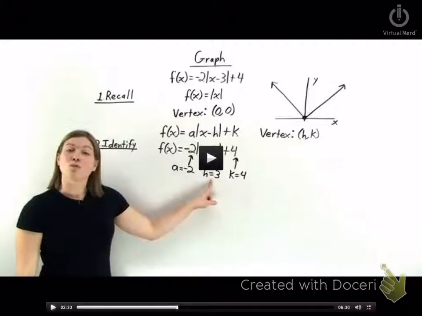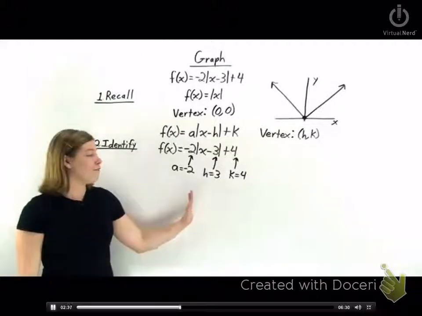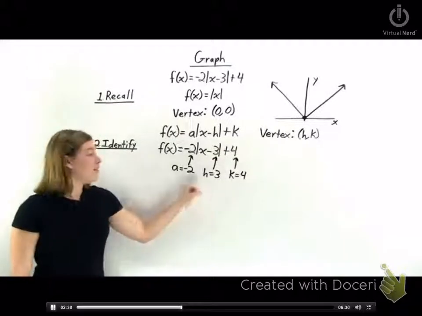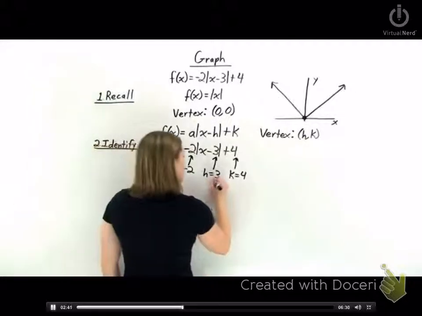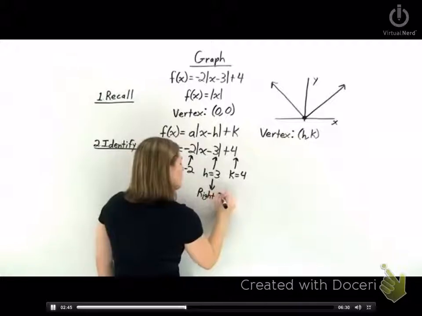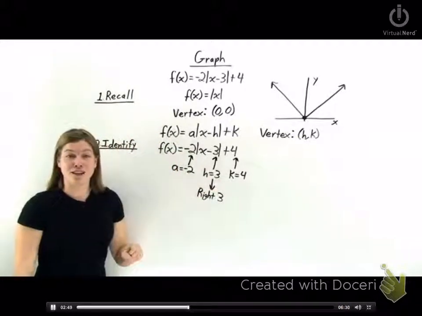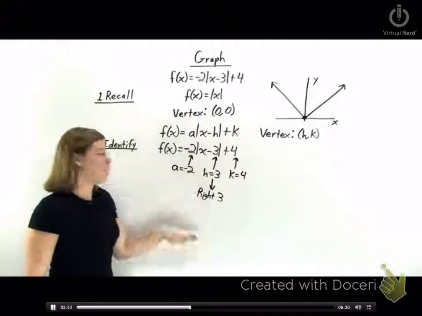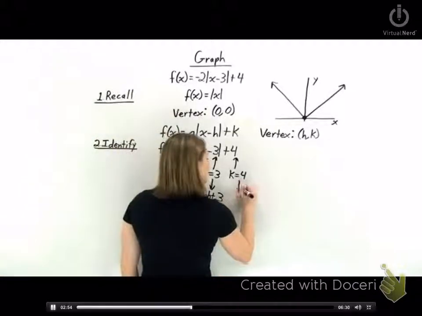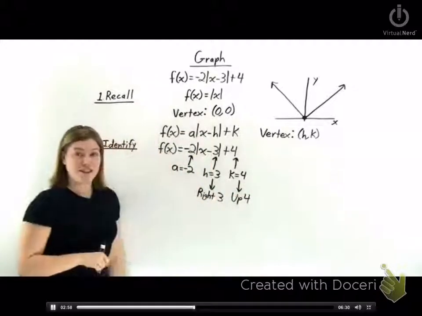Now, h controls the horizontal translation. How much we shift that graph to the left or right. Since h is positive 3, that will take our graph and shift it to the right 3 units. Now let's look at k. K controls the vertical translation, shifting that graph up or down. Since k is positive 4, that will take our graph and shift it up 4 units.